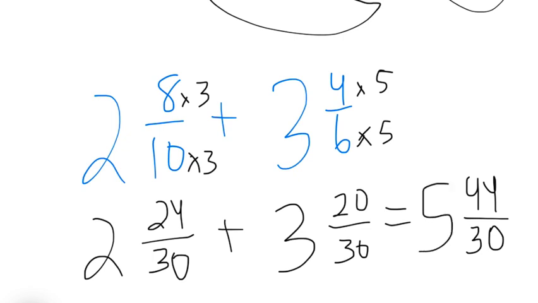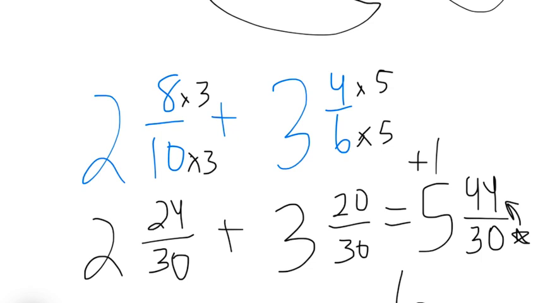So now I'm left with an improper mixed number because my numerator is bigger than my denominator. So remember that strategy here of how to make impropers a mixed number. I'm going to take a 30 out of 44, and because I can do that one time, that means I'm going to add 1 to my 5. So that 5 is going to become a 6 in my new answer.